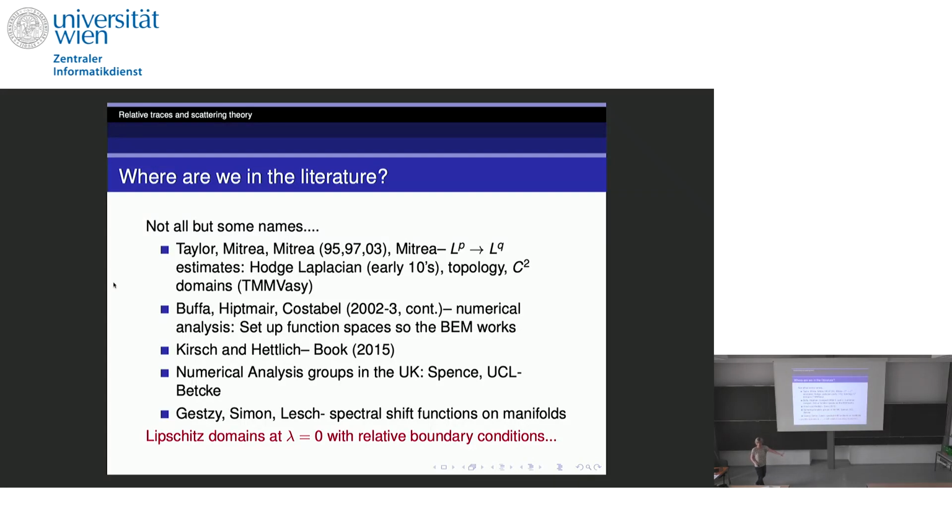Okay, but it's a finite time talk, so we won't hear about them, but they're interconnected. We have not seen that there's Lipschitz domains with lambda equal to 0 and relative boundary conditions in this selection of literature, although we use the background quite extensively. And remember, we are interested specifically in this application of developing a relative trace formula for the Casimir effect.